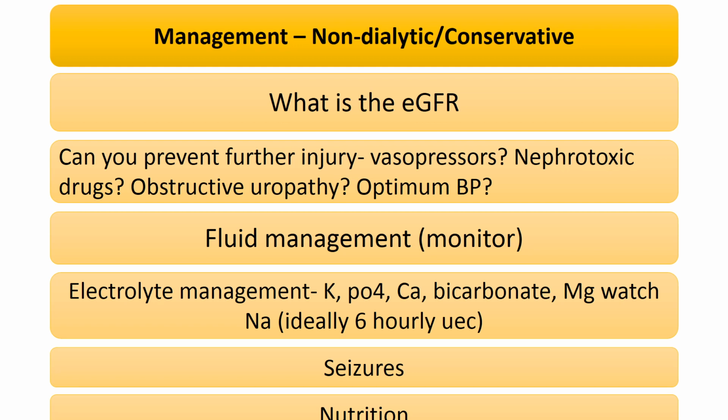So, for example, if our patient's blood pressure is suboptimal, we're going to ask ourselves if we need to give a fluid bolus. Do we need to give vasopressors such as adrenaline, such as dopamine, to support the BP so that we hit the target mean arterial pressure?